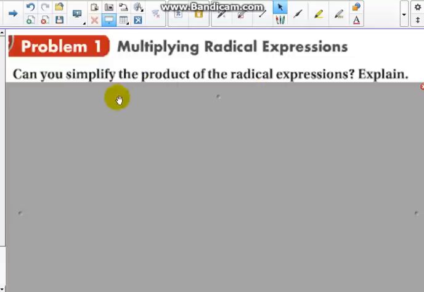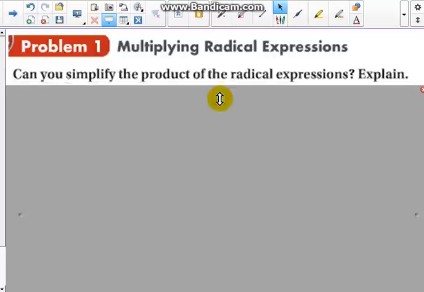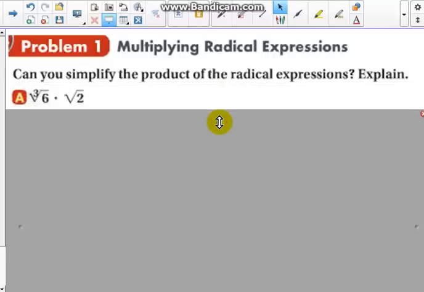Our first problem, multiplying radical expressions, asks us, can you simplify the product of the radical expressions and explain? The first problem says cubed root of 6 times square root of 2. Well, you need to look at the index. We've got a 3, and this one would be a 2 because it's square.